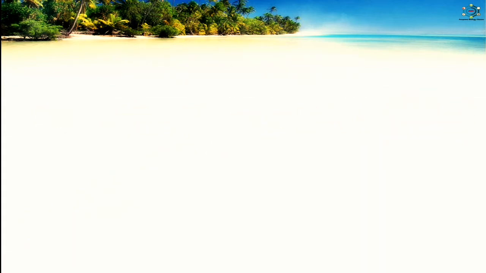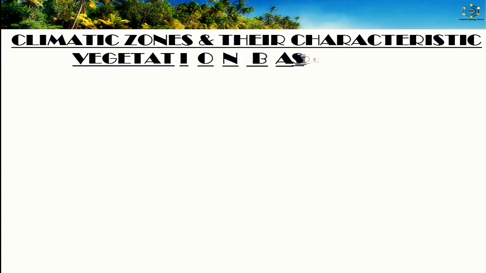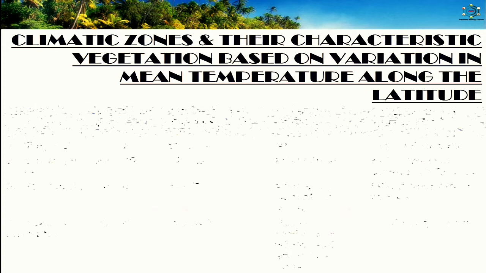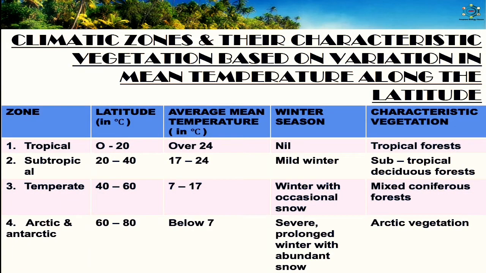Now after this, here you can see the climatic zones and their characteristic vegetations based on variation in mean temperature along the latitude. See here. You can see the zone, latitude in degrees, average mean temperature in degrees Celsius, winter season and characteristic vegetation.